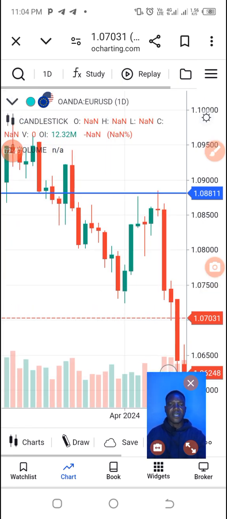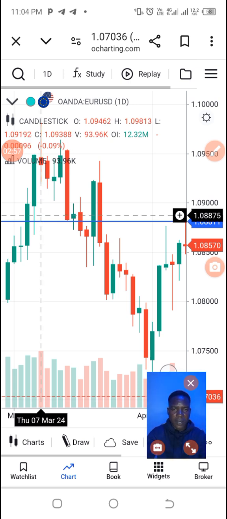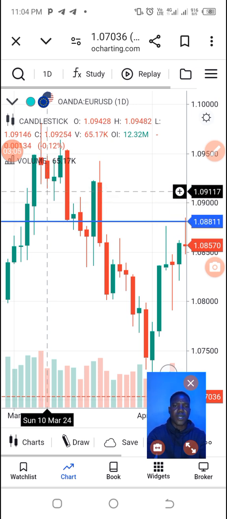Look at this place where this blue stuff is. This candle moved down so quickly, and there was no time for it to really retrace. So right there where it moves down, this is a very good inefficiency.